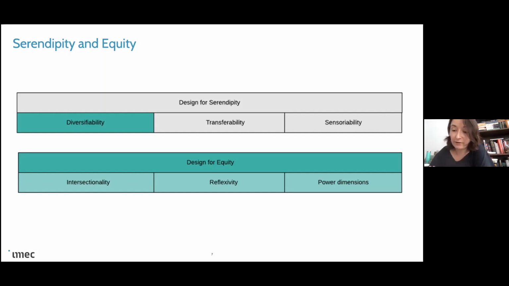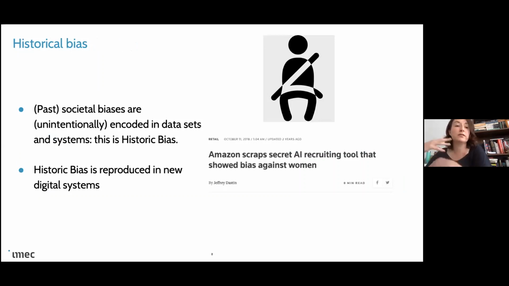Before I go further, I'll just explain a little bit where equity is really important in relation to data, and that's historical bias. This is when past societal biases are encoded within data systems and historic data sets, and this is called historic bias.